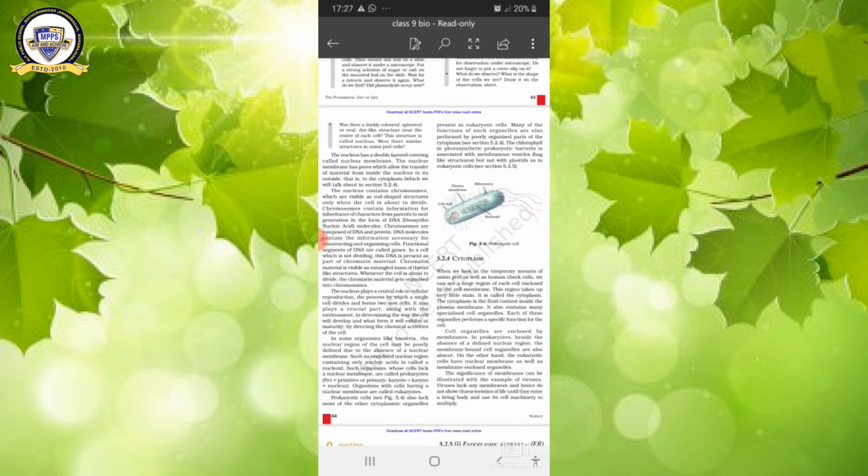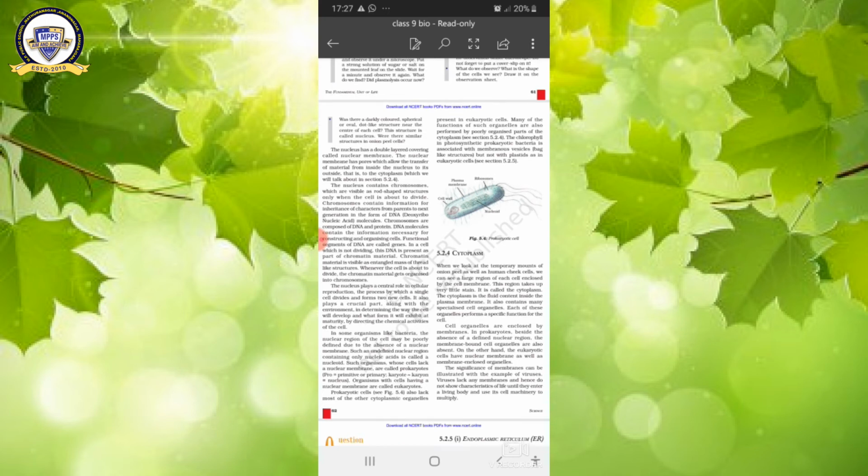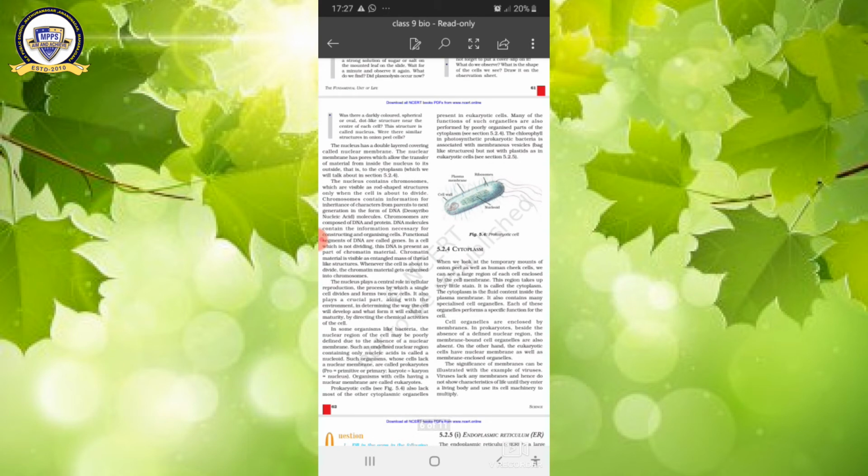Many of the functions of such organelles are also performed by poorly organized parts of the cytoplasm. The chlorophyll in photosynthetic prokaryotic bacteria is associated with membranous vesicles or bag-like structures, but not with plastids as in eukaryotic cells.